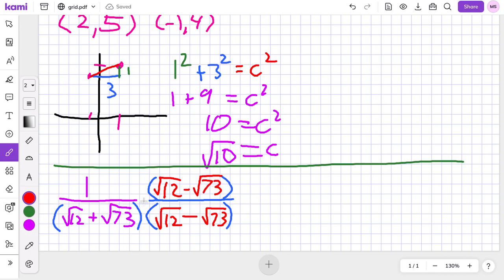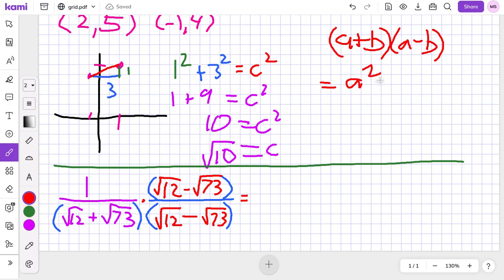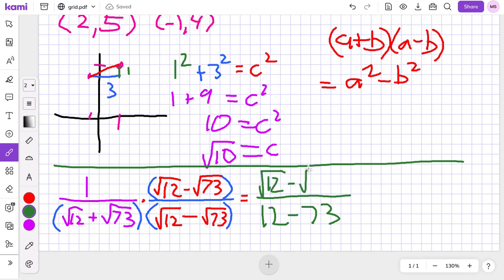Because the denominator is now a difference of squares. If you remember, if you have a plus b times a minus b, that equals a squared minus b squared. That's exactly what's going to happen here. In the denominator, we get 12 minus 73, and in the numerator, we'll have root 12 minus root 73.